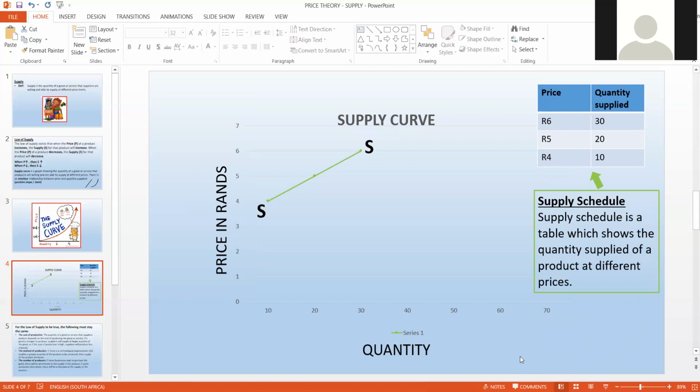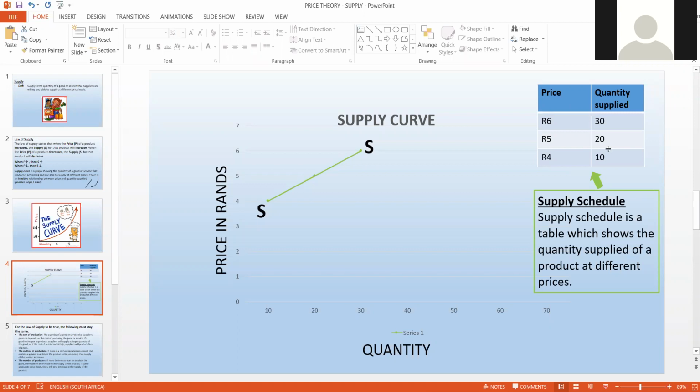So let's have a look at how I will then be willing to supply a certain number of Twiggles chips packets at a specific price. And once again, just as we had the demand schedule, we have a supply schedule. And remember, that's just a table that indicates at what price the supplier will be willing to supply a number of items.